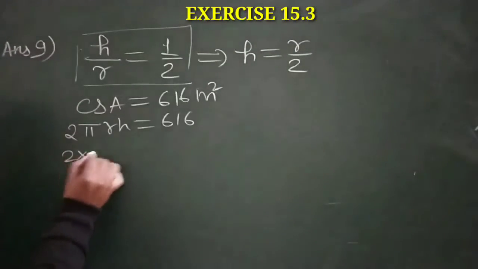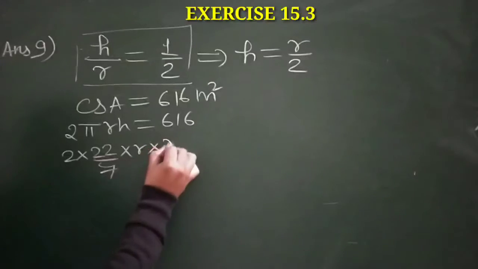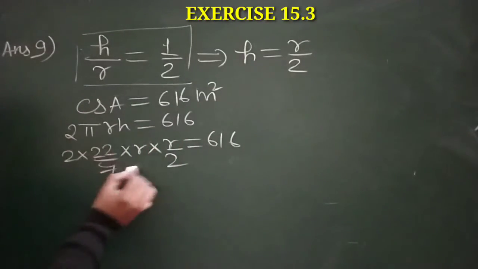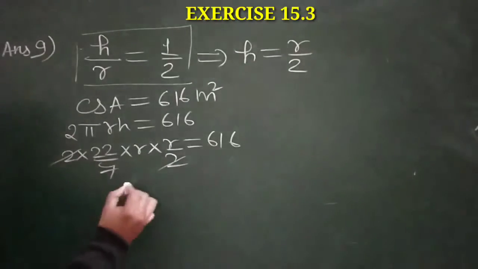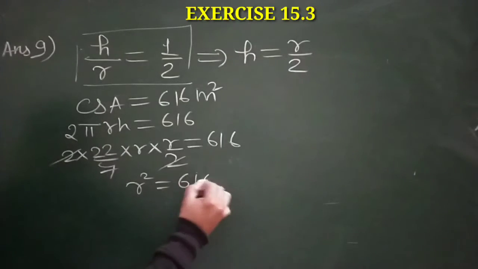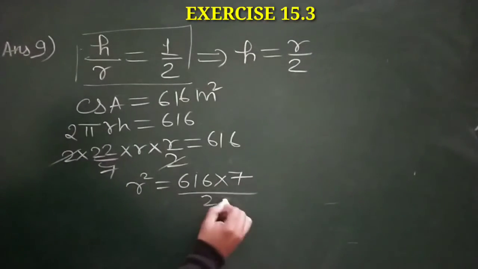So 2 into pi, which is 22 upon 7, into R, and in place of H, R upon 2, is equal to 616. 2 is cancelled by 2. So R into R is R square, equal to 616; transpose 7 and 22 to the right hand side, 7 and here came 22.